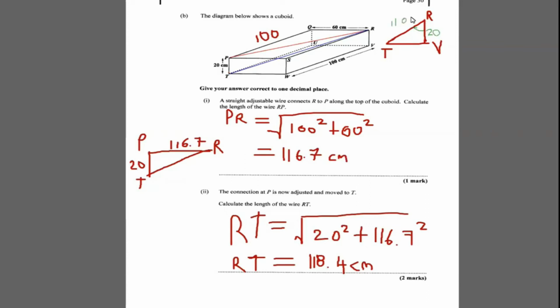So this looks like we have adjacent and hypotenuse, and when you have adjacent and hypotenuse, you use cosine. So cos theta is equal to the adjacent, 20, over the hypotenuse, 118.4.